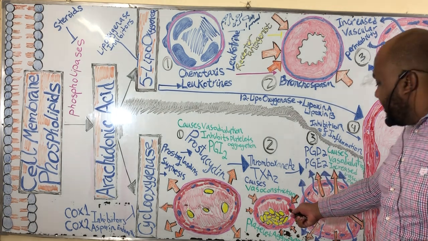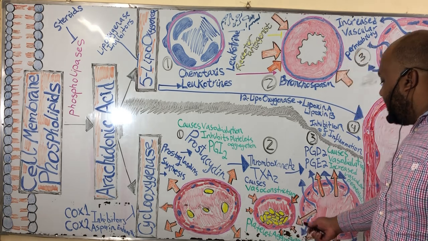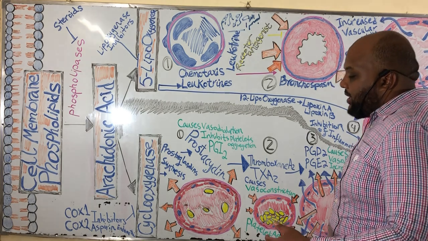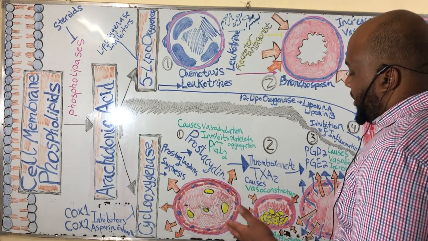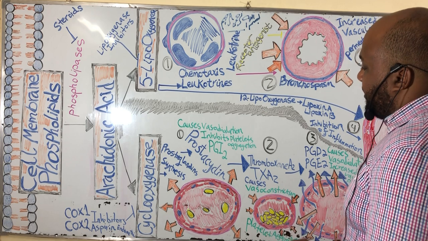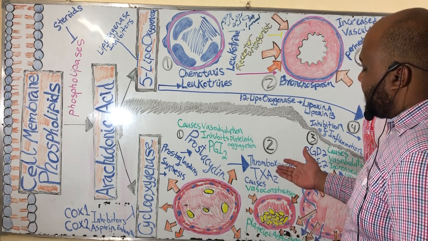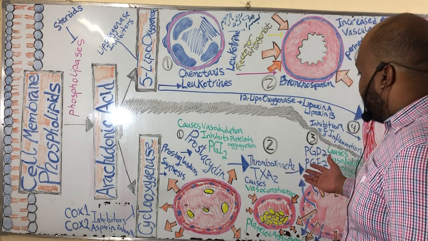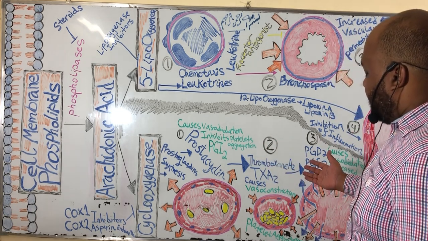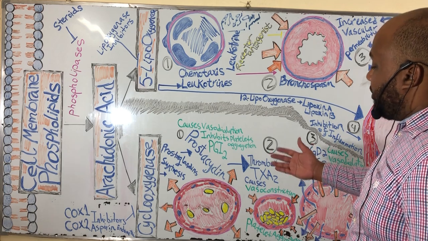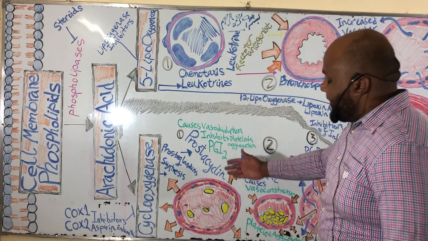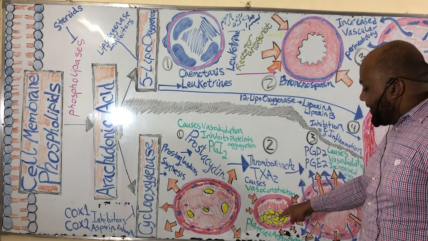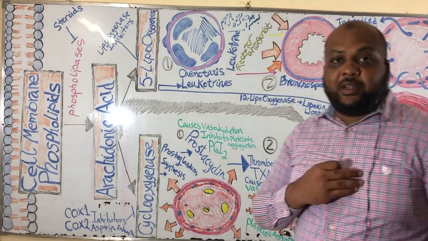And you know thromboxane generation is important for platelet aggregation and vasoconstriction. So if you block COX-2, you will have prostacyclin inactive while thromboxane is active. And that leads to the clotting of the blood vessels.